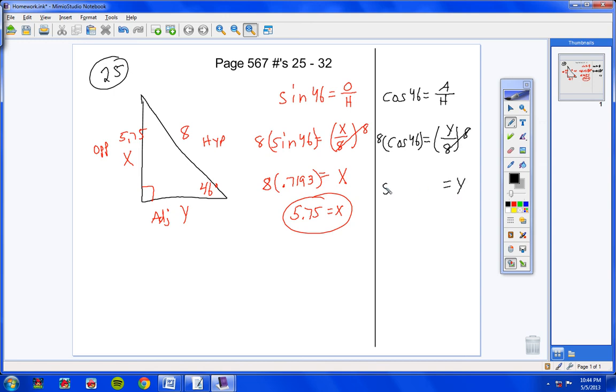Over here you have 8 times the cosine of 46. The cosine of 46 is 0.6947. Multiply that times 8, and you get 5.56. 5.56 equals y. So the length of this side here is 5.56.